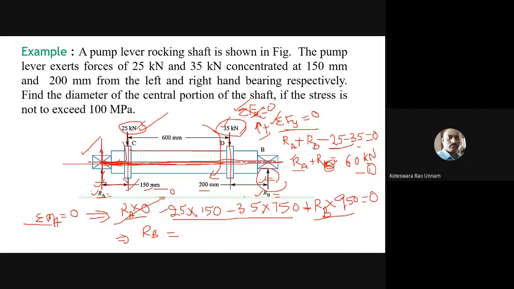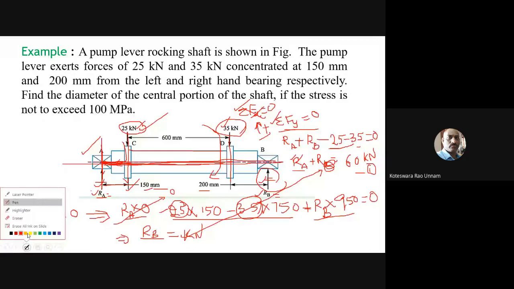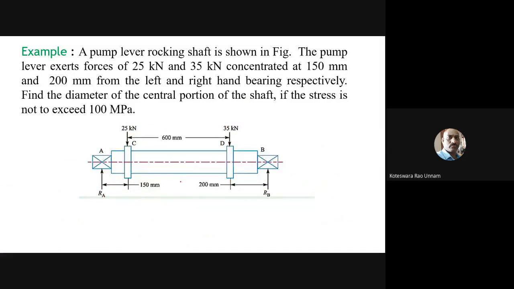I'll get RB in kilonewtons only, because I considered the loads in kilonewtons: 35 and 25 are both in kilonewtons. I'll take this RB and substitute it into this equation, then I'll get the RA value. Once I know RA and RB, I can draw the bending moment and shear force diagrams also. I'll show you that calculation in the next slide.